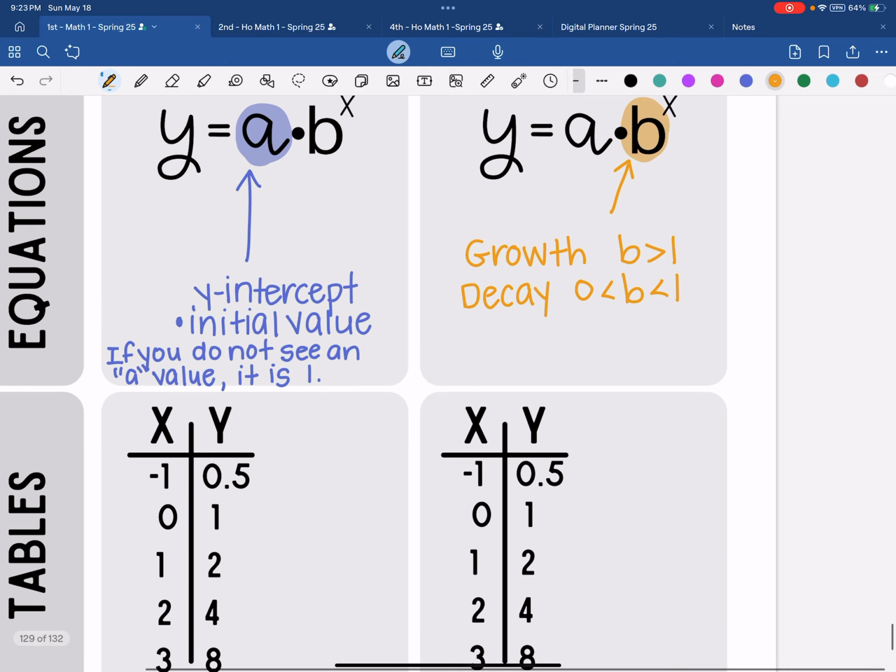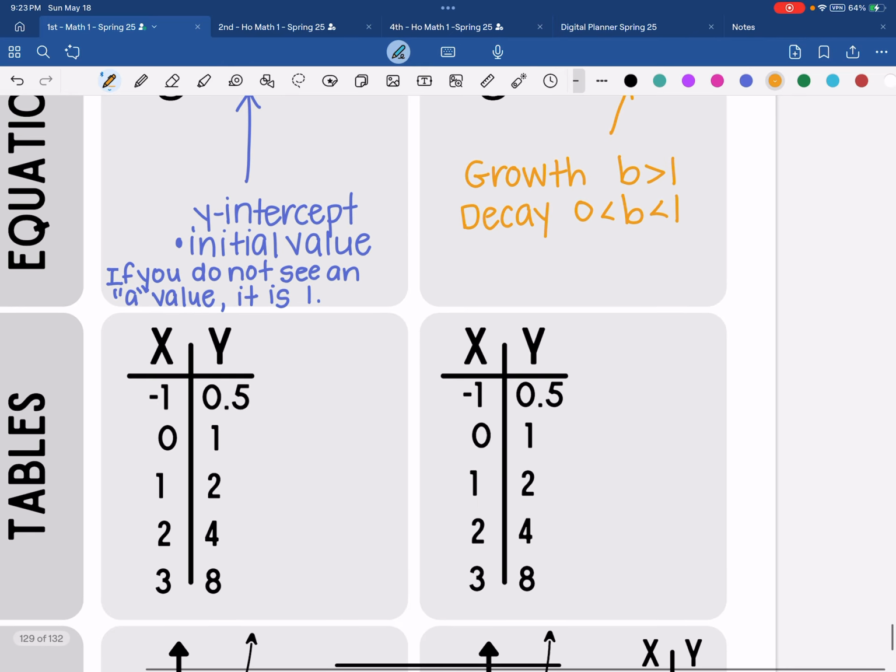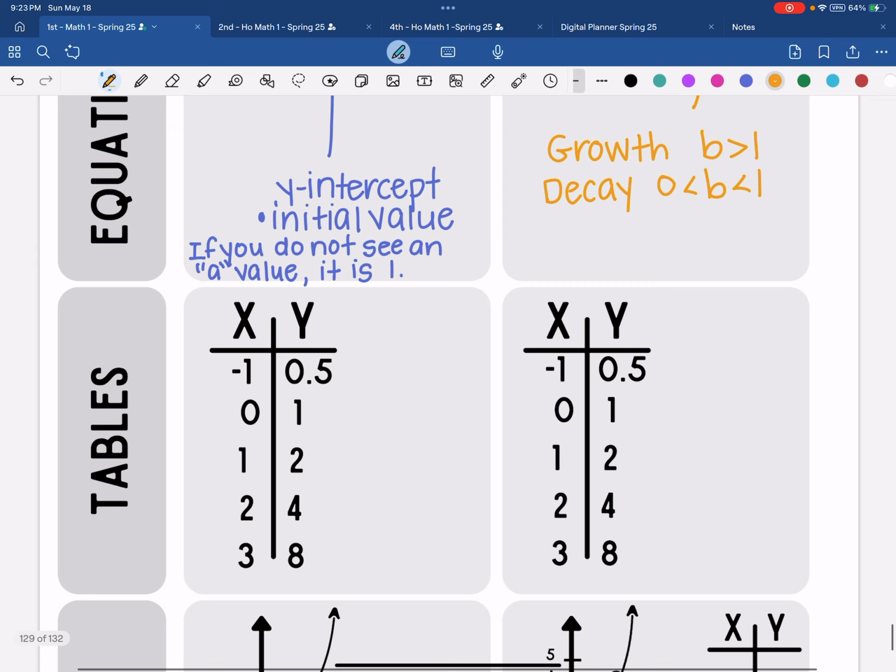Now, how do we identify these same key features from a table? Remember, in a table, when we talked about linear, we said that to find the y-intercept, the A value, regardless of whether it's linear, exponential, quadratic, any function, the A value in a table is always the y value when x is 0.